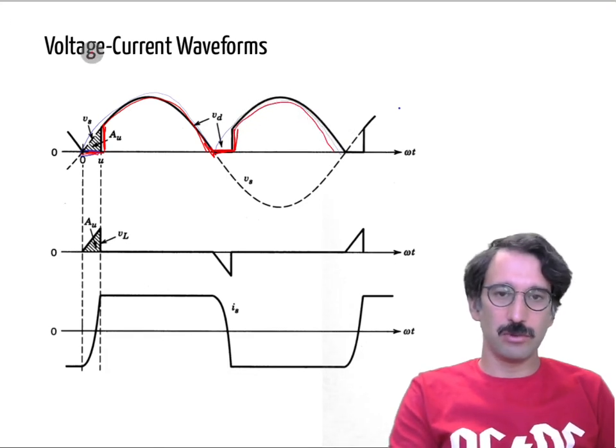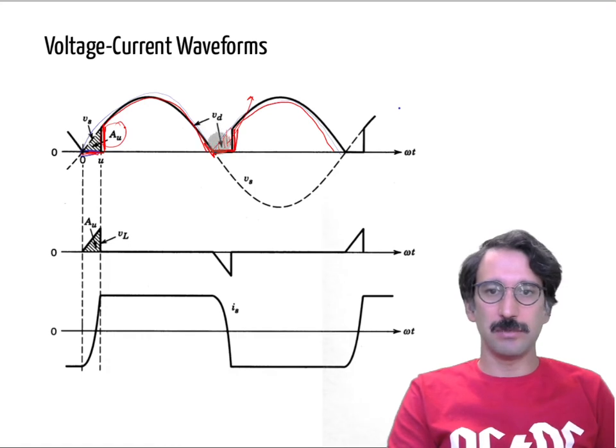So there are two important parts. First of all, AU, the area lost, is not happening once, but it is happening twice. I have an area lost due to commutation here, and also an area lost in that case.